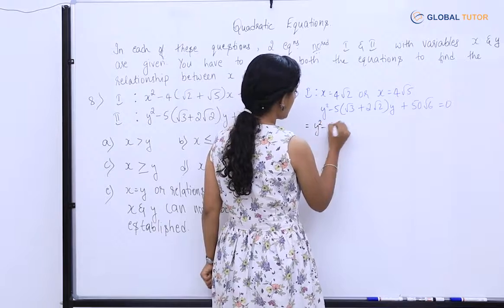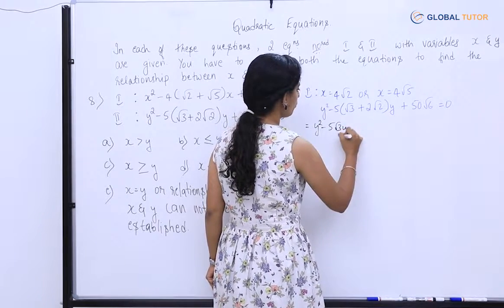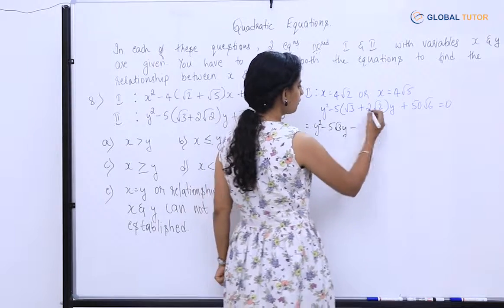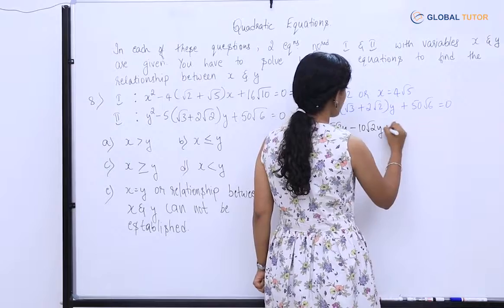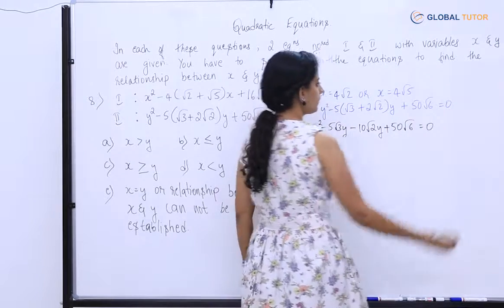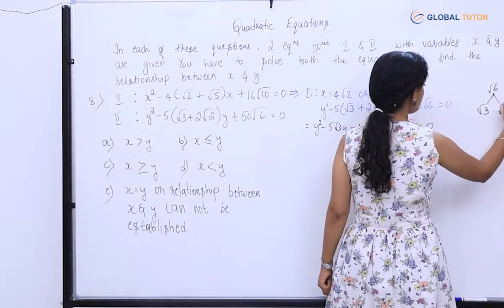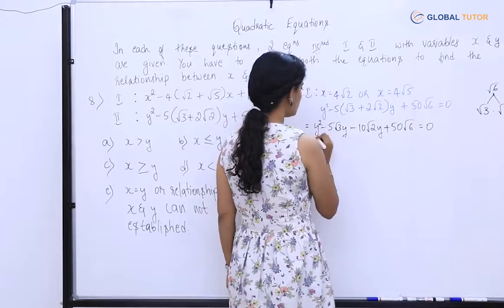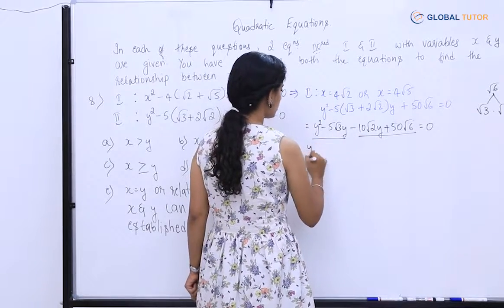Y square minus 5 into root 3 into y minus 5 into 2 is 10 root 2 into y plus 50 root 6 is equal to 0. Root 6 can be written as root 3 into root 2. So here let's make this as groups. I can take y common.